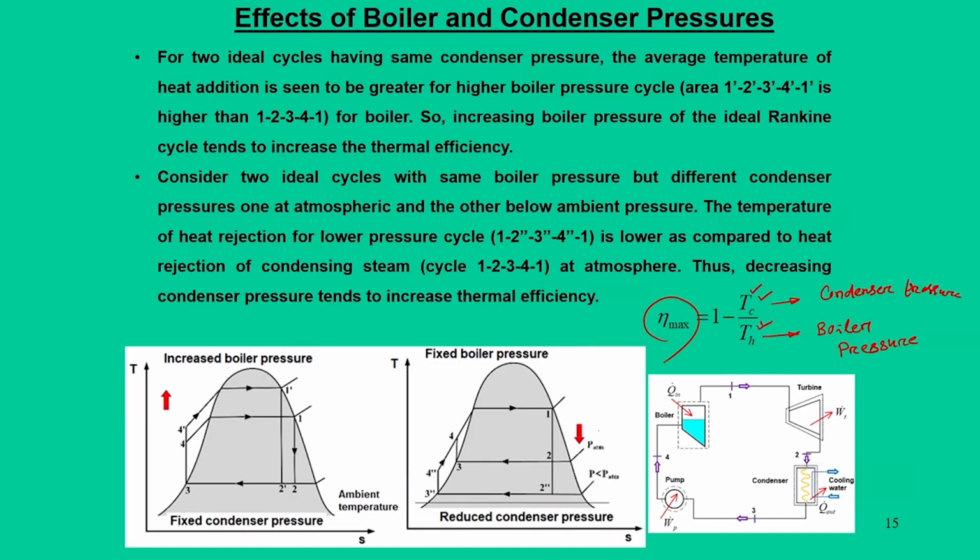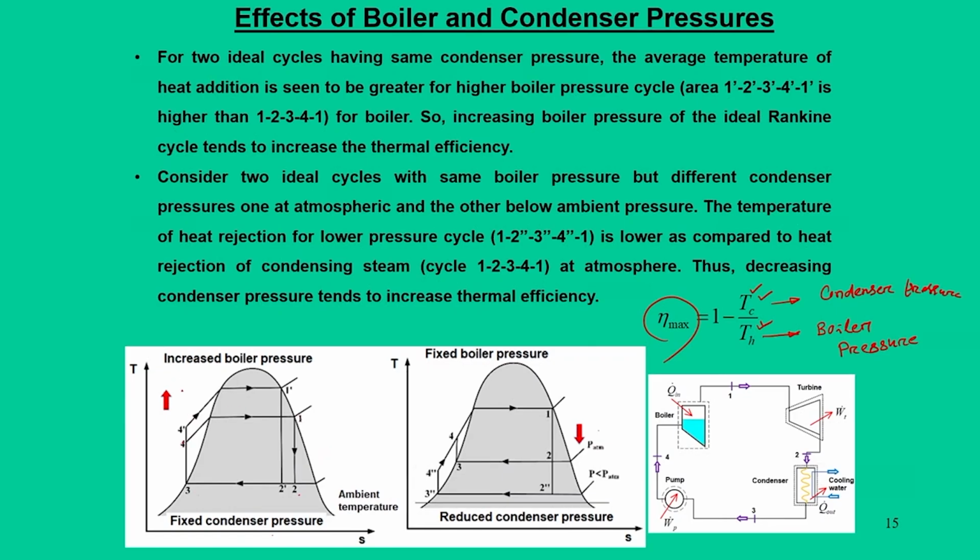In one case, let us fix the condenser pressure, that means Tc is fixed. At fixed condenser pressure we are exploring how this Rankine cycle looks. The ideal Rankine cycle would be 1, 2, 3, 4 and 1, that is the normal working cycle.